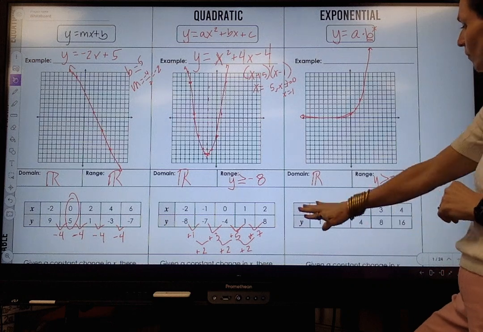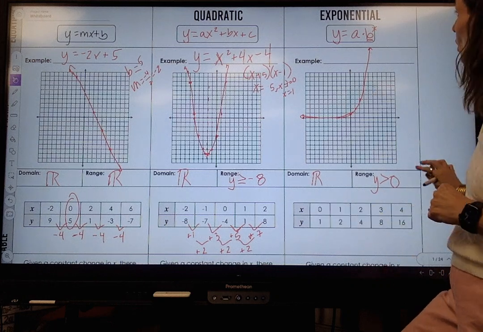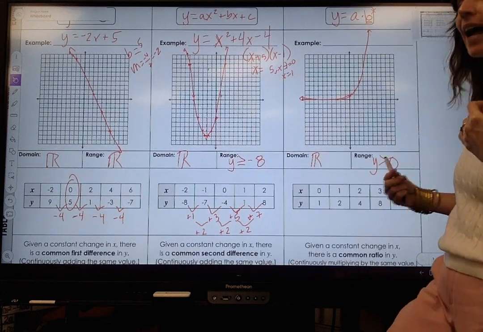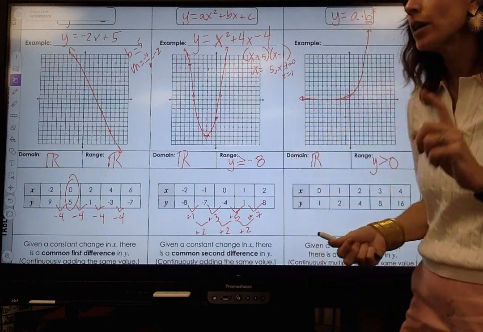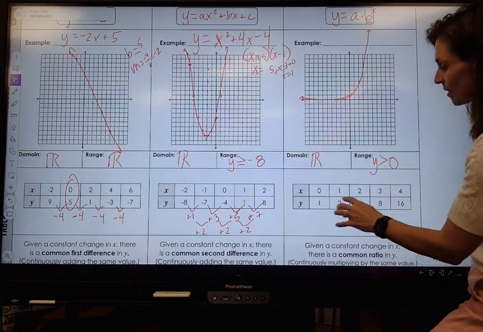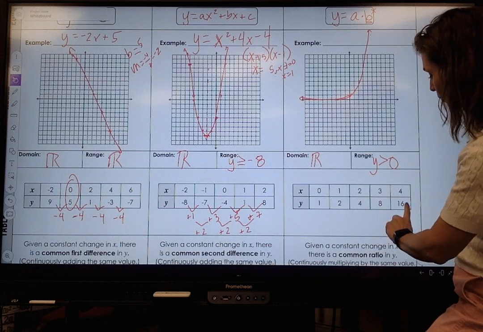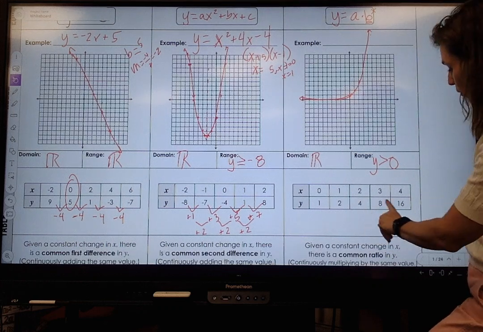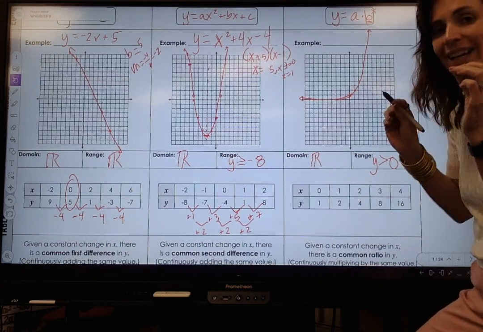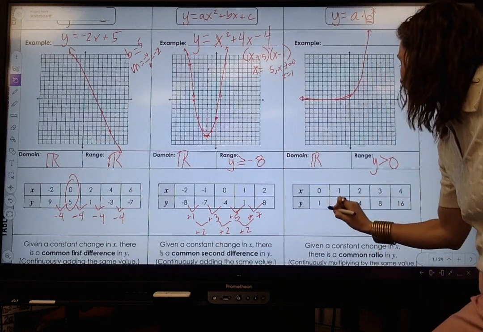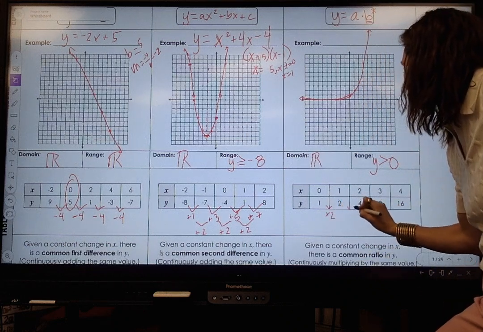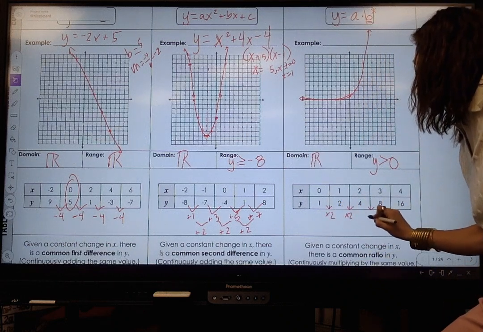Okay, so let's go back to the table of values. When you see this table of values, how do you know that it's an exponential function? Because it's not increasing at a steady rate. This goes up 1, up 2, up 4, up 8. So what it is doing that's the same is that you can multiply by 2 on all of these.